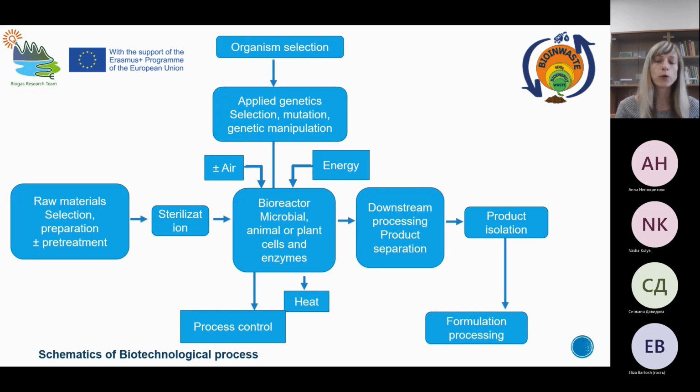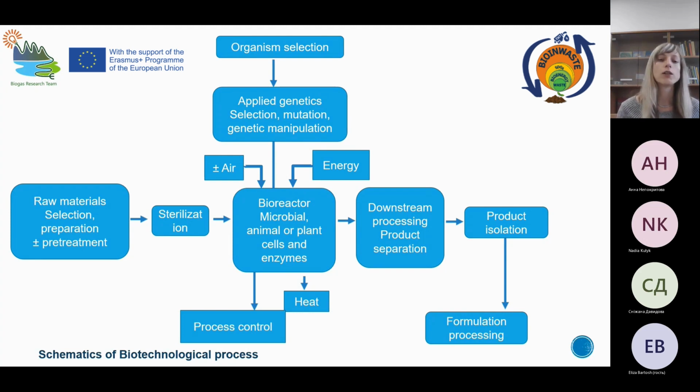Most of all, we need some organism and selection of this organism, such as microorganisms, cells, plants. We select the necessary ones and input them into bioreactors with suitable conditions for the growth of this organism.